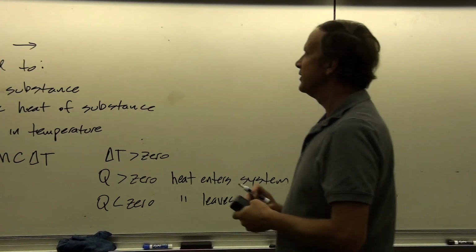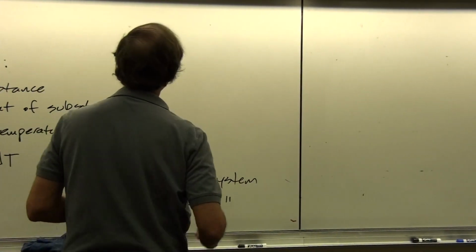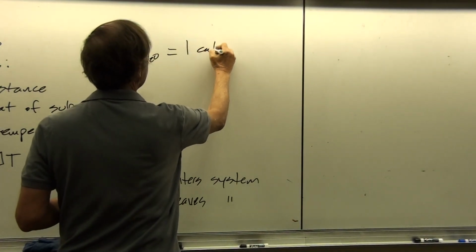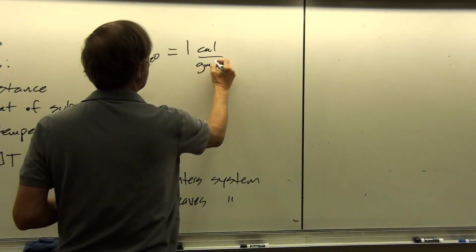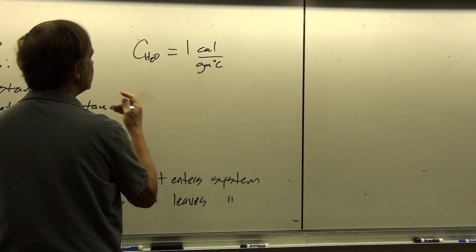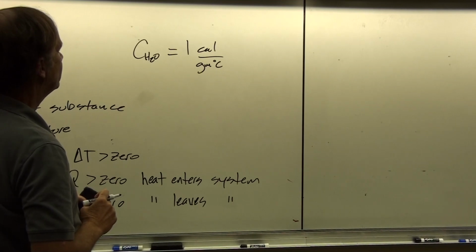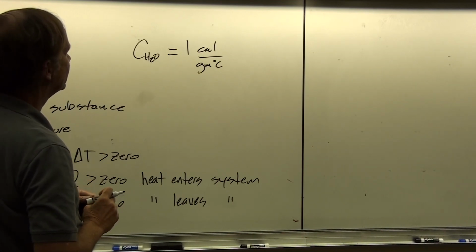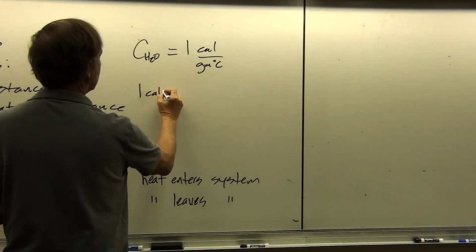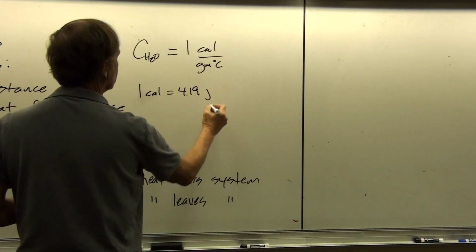Now, we're probably familiar with the specific heat for water. That's 1 calorie per gram degree centigrade. But these are the wrong units for the kind of problem that we'll normally be solving in this class. A calorie is a unit of heat, but it's equal to 4.19 joules.